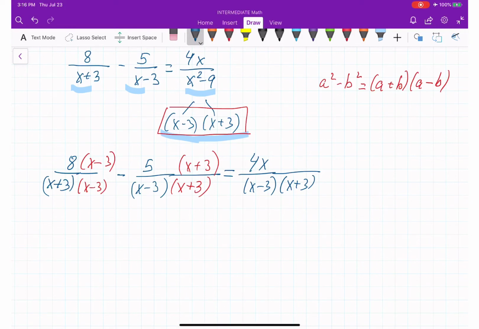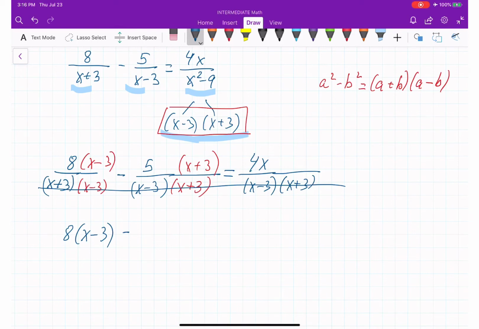So since the denominator is the same everywhere, I'm dropping this denominator and I'm going to have 8 times x minus 3 minus, pay attention, I have mentioned in my previous videos that we treat the negative sign in front of a fraction as a negative sign in front of parentheses.